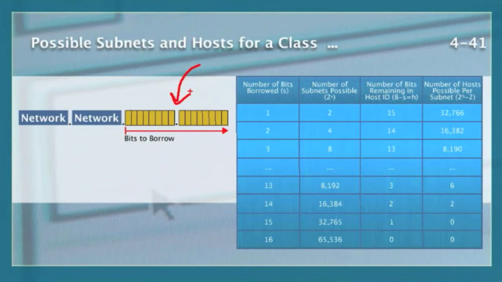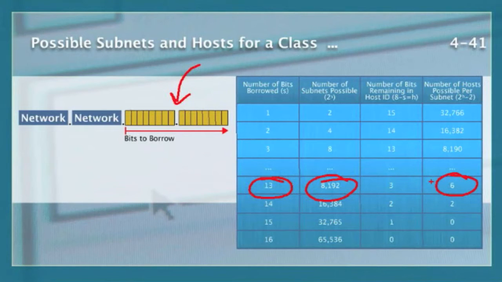You could borrow like 13 bits. How many networks can you create? 8,192 new networks. Unfortunately, each network can only have 6 hosts inside it, but you get the idea.